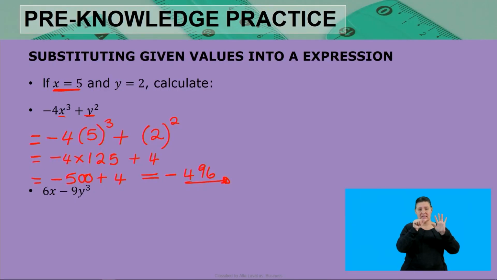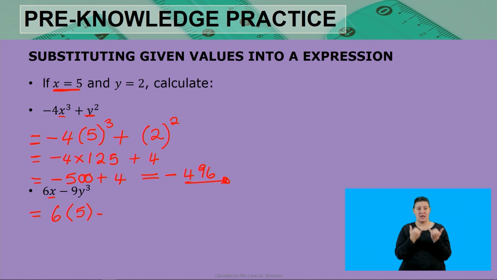Let's look at the next one that we need to substitute into. We have 6x minus 9y cubed. Again, we are going to use our brackets to show substitution. That is going to be 6, open bracket, and in the place of x I am going to place the value I was given for x, which is 5.